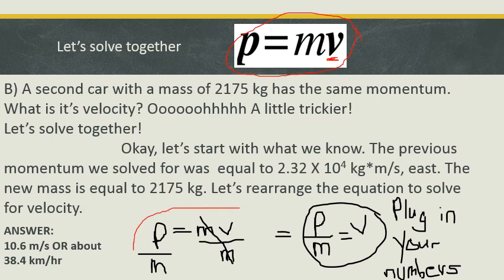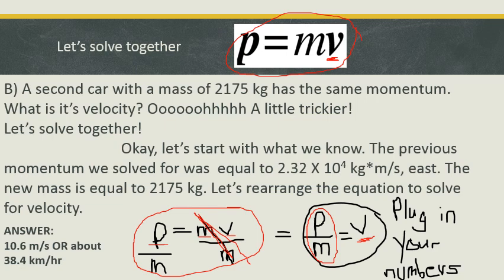So if you come down here, I took the original formula, momentum equals mass times velocity, and I divided both sides by the mass, so that cancels out. And now I have momentum divided by mass is equal to velocity.